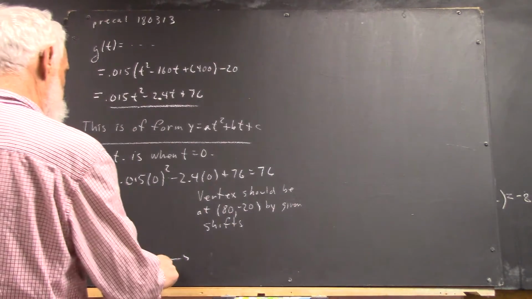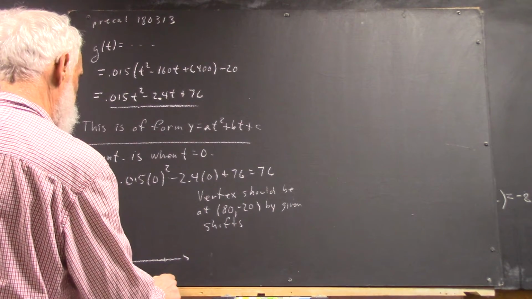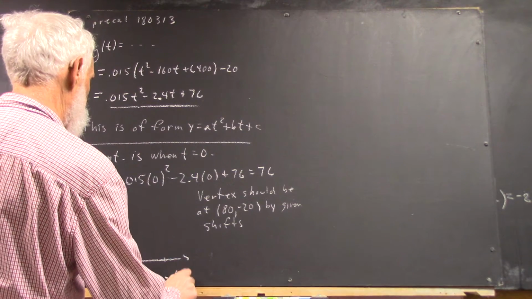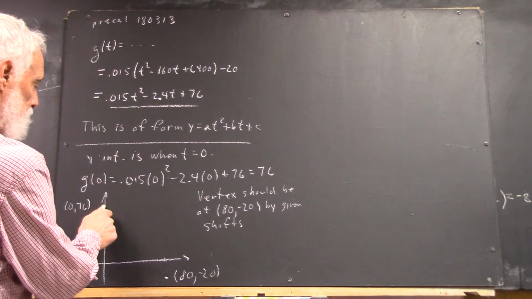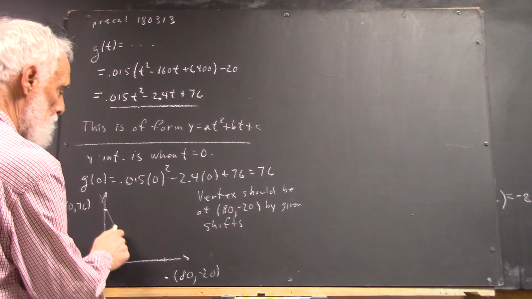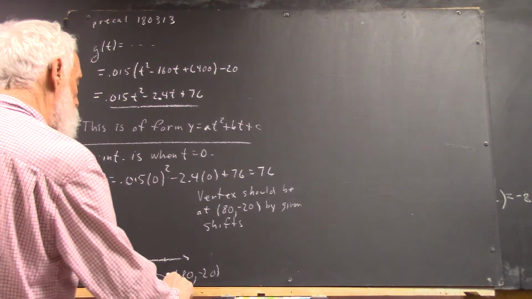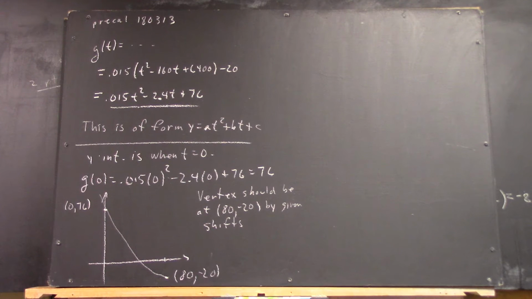So we come out here to, let's say here's 80 and here's negative 20. So here's (80, -20). This means now that our graph should do something like this. I didn't draw that very well. So it's not a very good parabola, but you get the idea, okay?